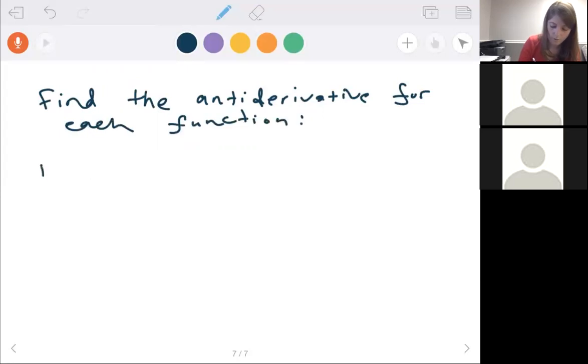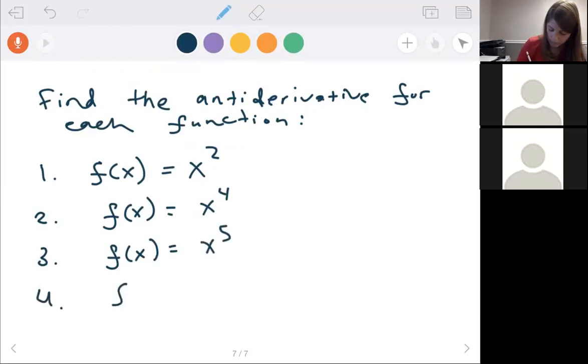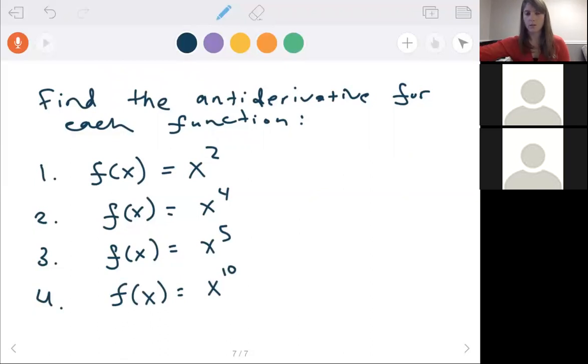Okay, so number 1, your function is going to be x squared. Number 2, let's say x to the 4th. x to the 5th. And x to the 10th. So I want you to think about those for a second, and then we'll take a look at your guesses.